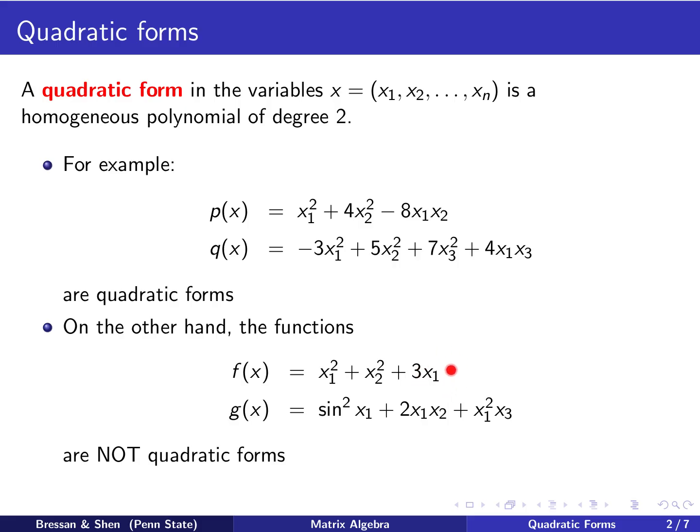This is a term of degree 1. Therefore, this is not in quadratic form. And then g of x, let's say if you have terms that are not in polynomial form, and it's some other function of any of the variables x1, x2, x3, that will make it not a quadratic form.